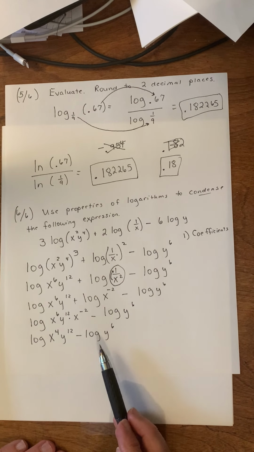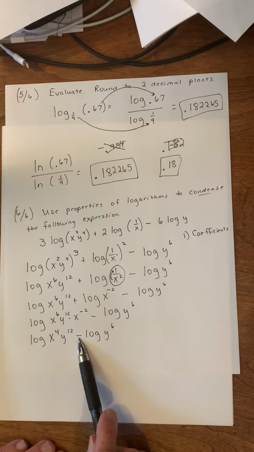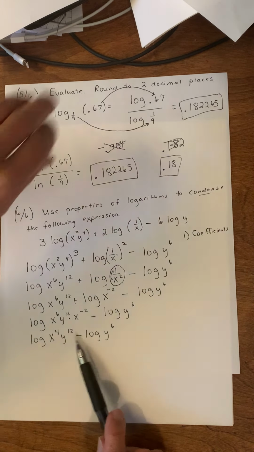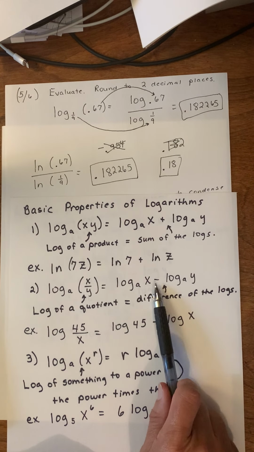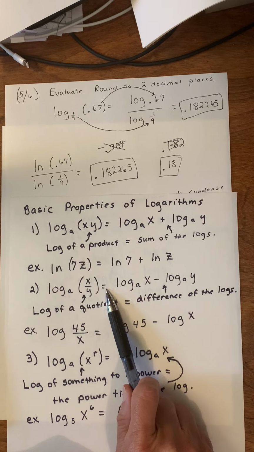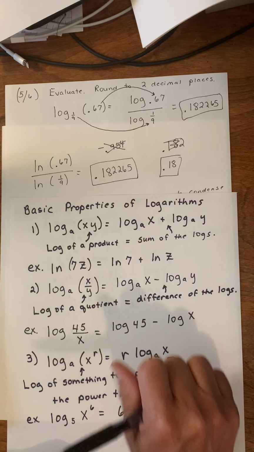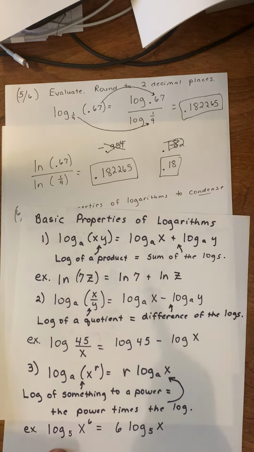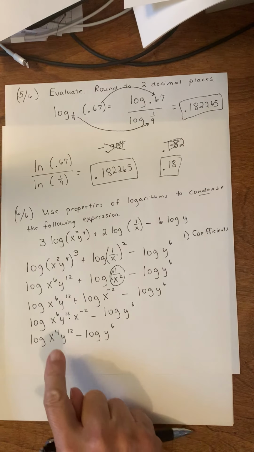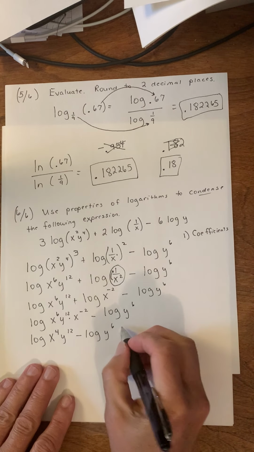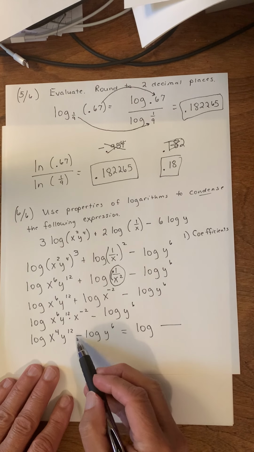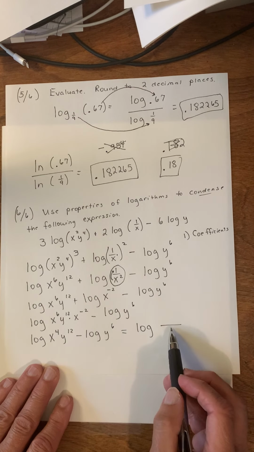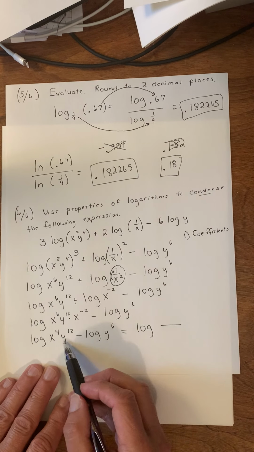All right, last step. I have the difference of 2 logs. I know from my properties of logarithms that the difference of 2 logs is the same as the log of their quotient, that over that. So it's going to be that over that. Difference of 2 logs is the log of a quotient, a fraction, that over that.